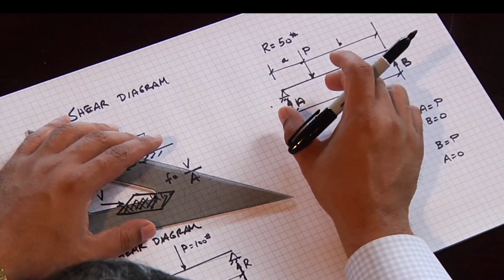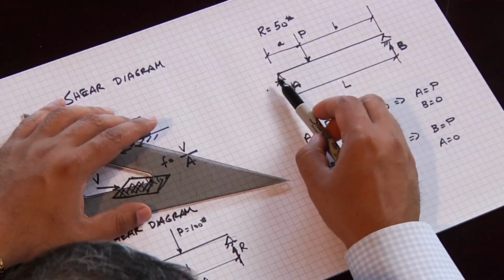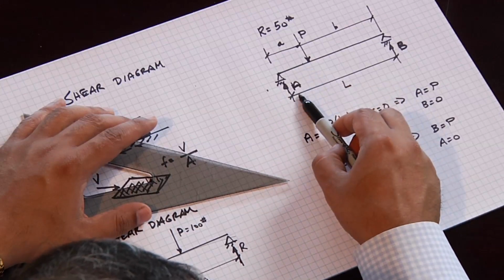And that's very important in structural engineering. It's very important to have a feel for what the answer is before you actually solve the problem. If my load is closer to my support point, then I should be expecting this load to be higher than this. If I don't get that answer, that tells me that something is wrong.